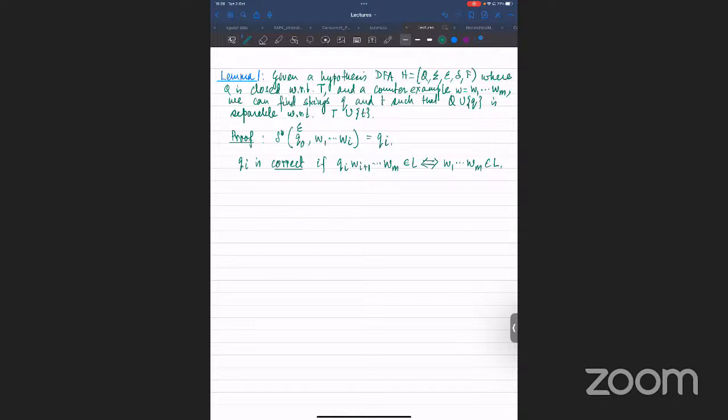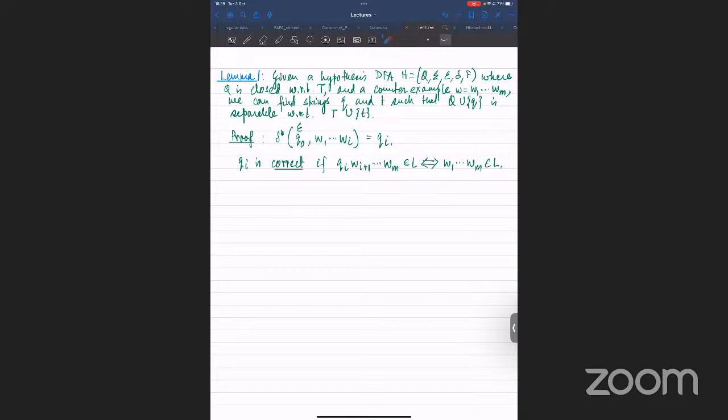So what is this? I have this hypothesis DFA H, right? Now in this hypothesis DFA H, if I read such a prefix from q0, I will reach some state qi. Now qi is a string. I am appending the suffix wi+1 to wm to qi, and I get a string by appending this suffix to qi.